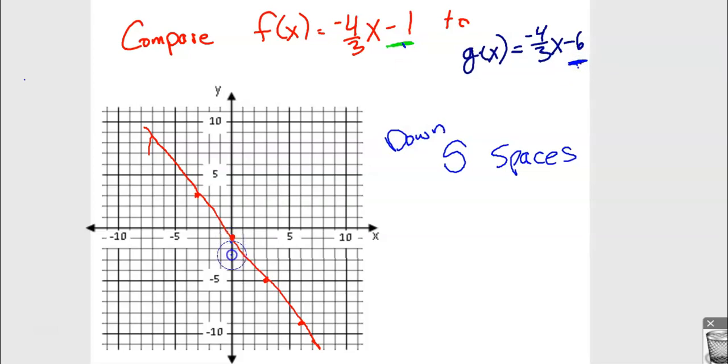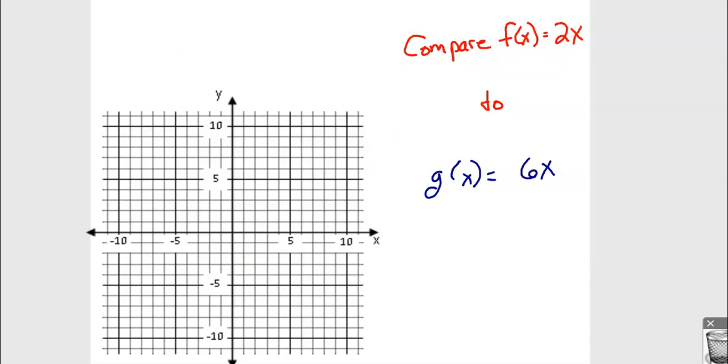So if I lower everything 5 spaces, lower this 5 spaces, lower this 5 spaces, notice I can graph the blue line just by noticing, hey, it's still -4/3 x, but this one started at -1, this one's starting at -6, so it's really being dropped 5 spaces. Again, the number on the outside is going to be raising it or lowering it.